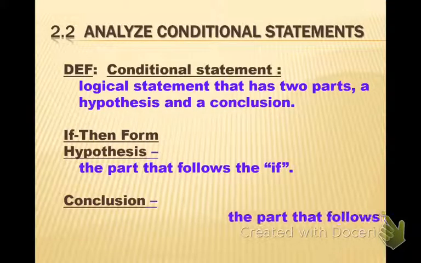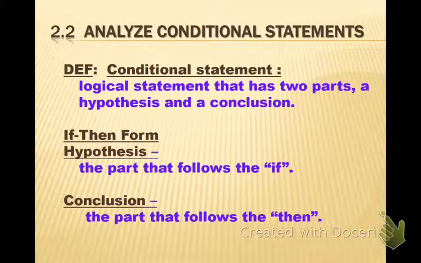Your conclusion will be what follows the then. If I have an apple, or if this fruit is an apple, then it is red. Now, they don't have to be true. They'll be true or false. Sometimes it's very concrete, whether they're true or false. Sometimes not so much. But that's what we're talking about, trying to write things in if-then form.